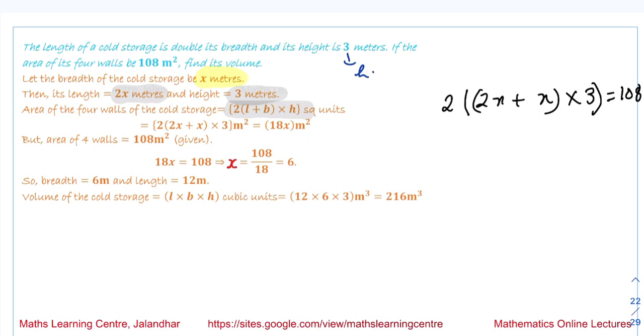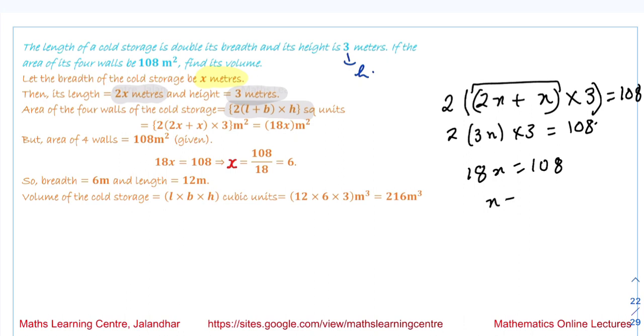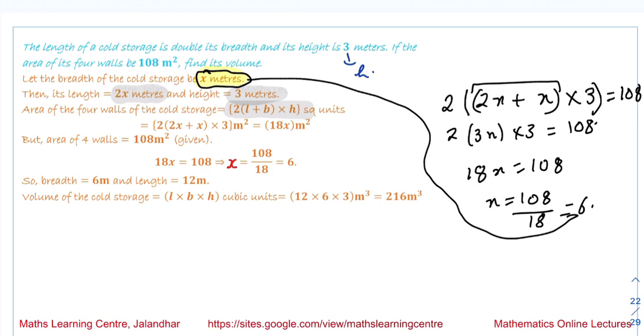So this term becomes 3x, so it is 2 into 3x into 3, that is equal to 108. So we get 18x equals 108. The value of x is 108 by 18, and we know that 18 sixes are 108, so x is equal to 6. This x is basically the breadth of the cold storage, so breadth comes out to be 6.